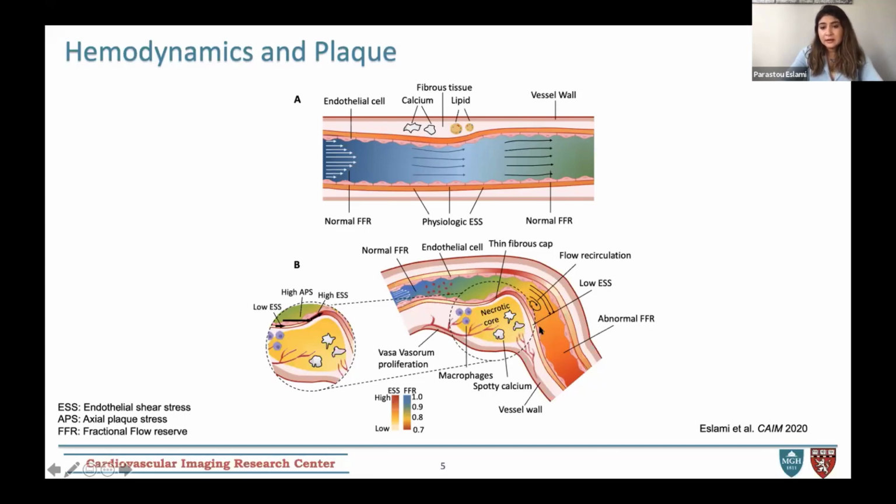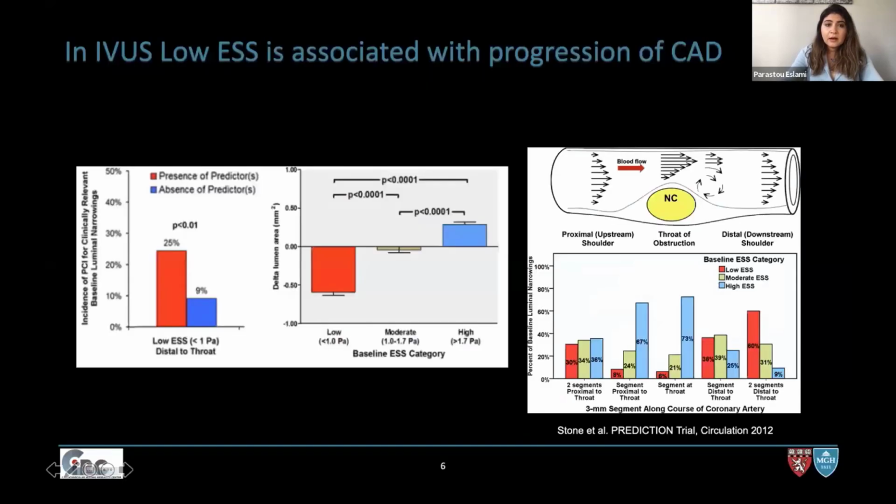And downstream of it, you can see this low ESS imposing inflammation, shown by the presence of macrophages. Now, ESS has been shown in intravascular ultrasound to be associated with the progression of coronary artery disease.